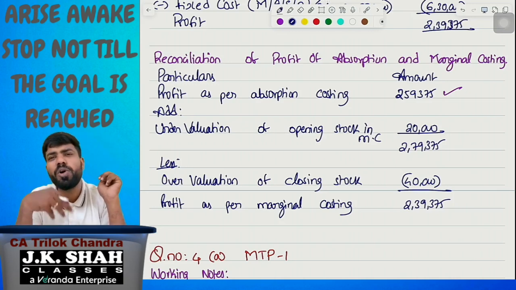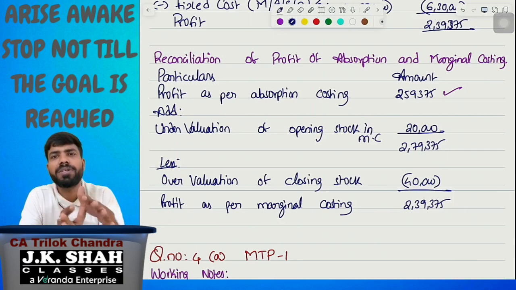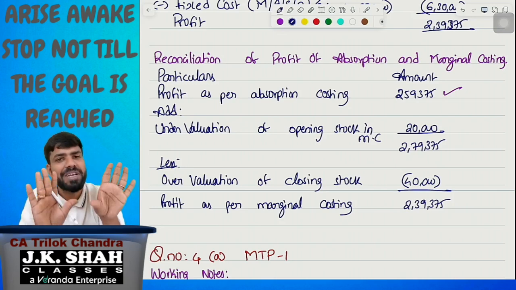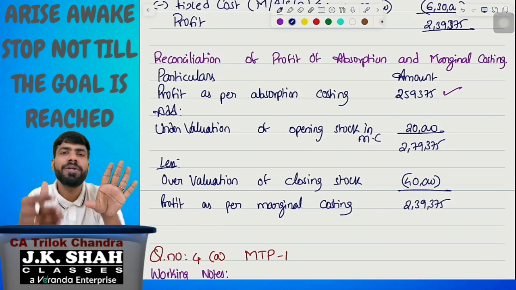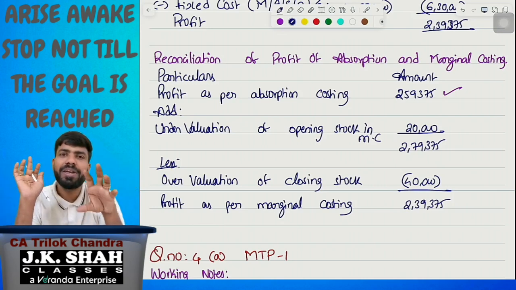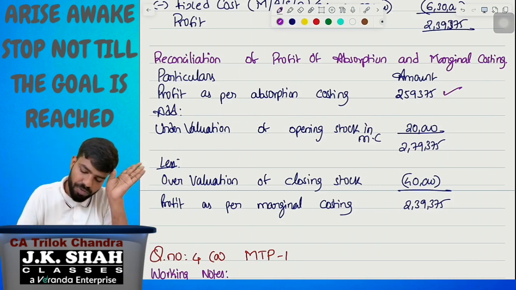The other way of writing is overvaluation, but actually speaking, in absorption costing system, opening stock and closing stock are correctly valued at manufacturing cost, whereas in the marginal costing system, opening stock and closing stock are valued at variable manufacturing cost. So I am calling it undervaluation in marginal costing system. Okay, now 20,000 rupees.